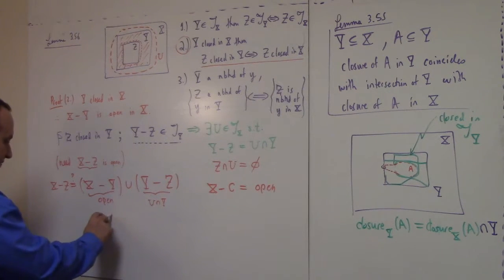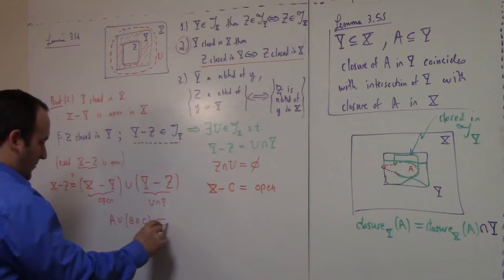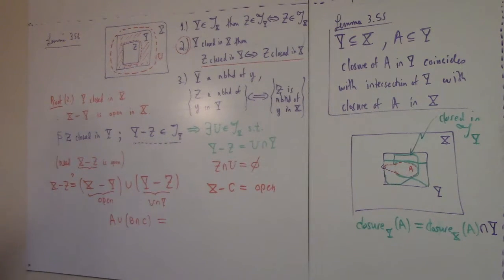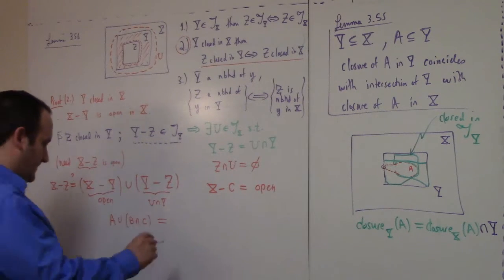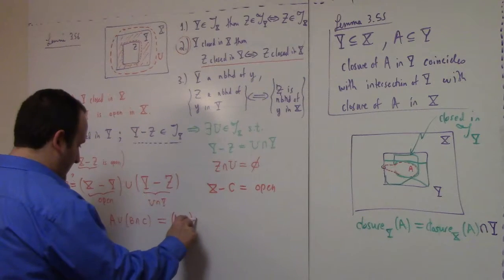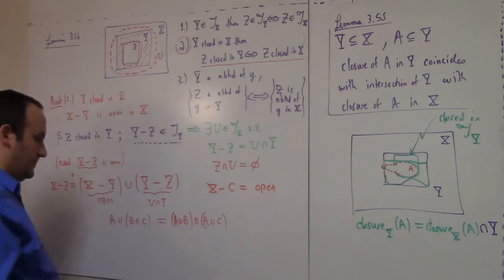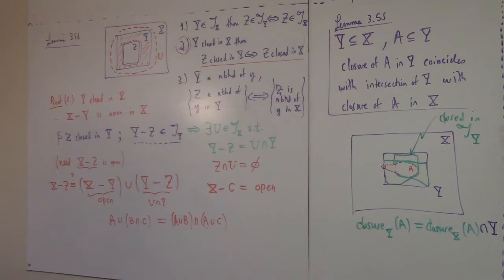So you're saying I've got A unioned with B intersect C, so there's some property here. I think it distributes. So A union B intersect, or A union C.